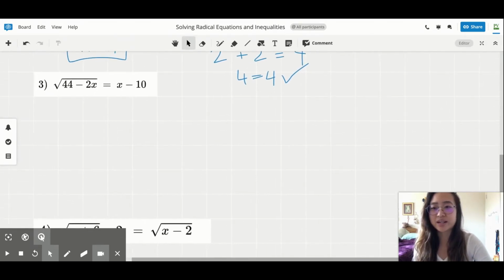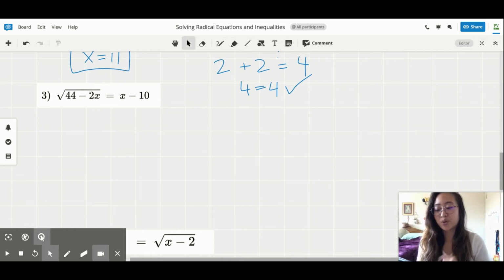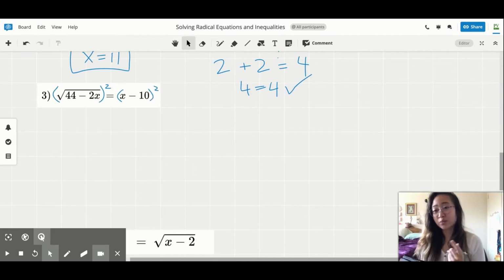Moving on to number 3, where we have a variable on both sides, but we still treat it the same. We already have that square root all on its own, so we can go ahead and square both sides right away. While the left side might cancel out nicely, we will have to FOIL the right side.